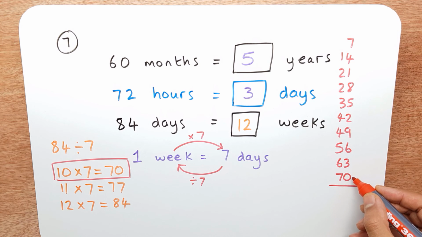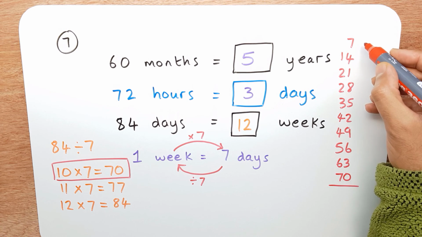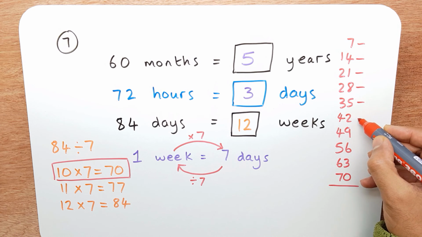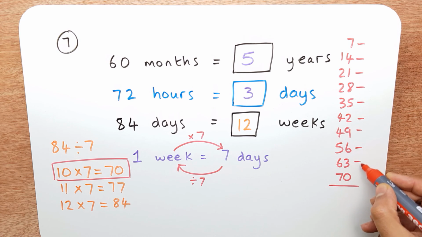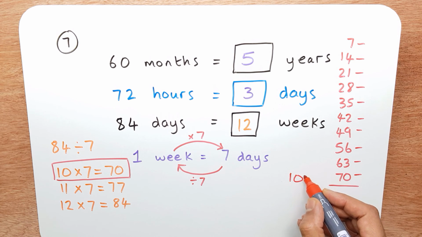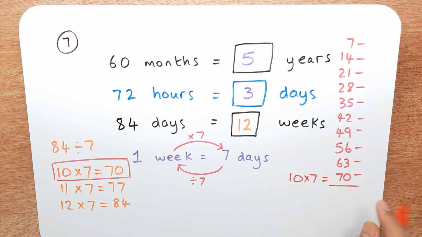That there is 10 times 7. 1, 2, 3, 4, 5, 6, 7, 8, 9, 10. So if I knew 10 times 7 is 70, it would be much easier. Then I can do 77 and 84.